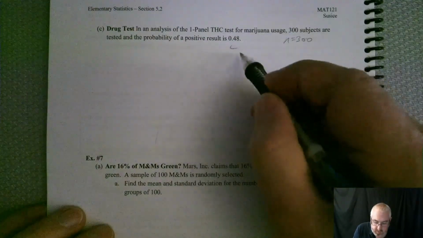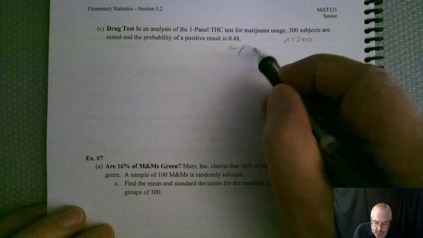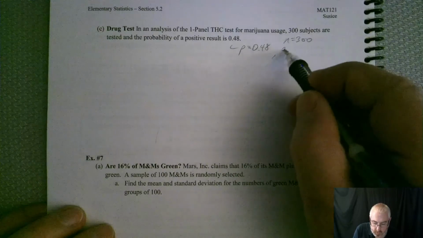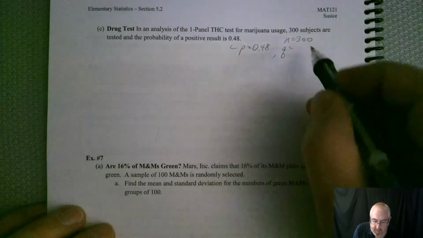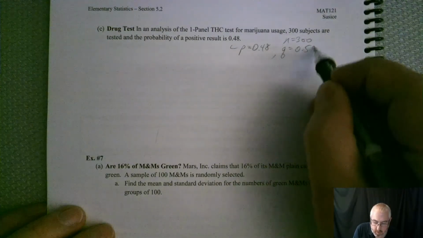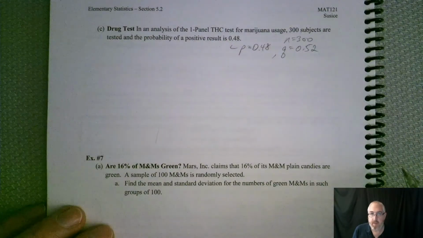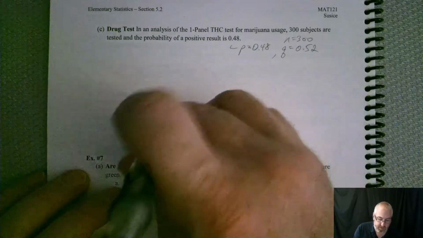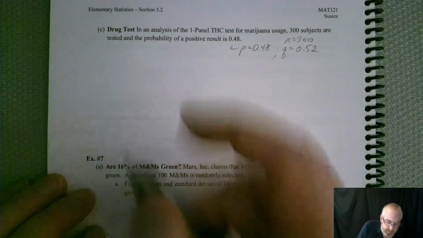Positive test result, so there's our P. And so we also know our Q, 1 minus that better be 0.52. So there's our information. So now we can find all of our parameters.